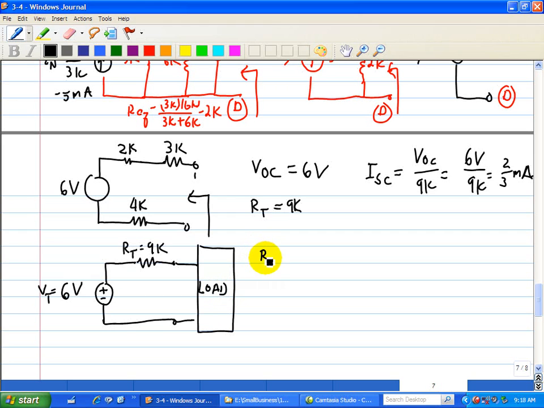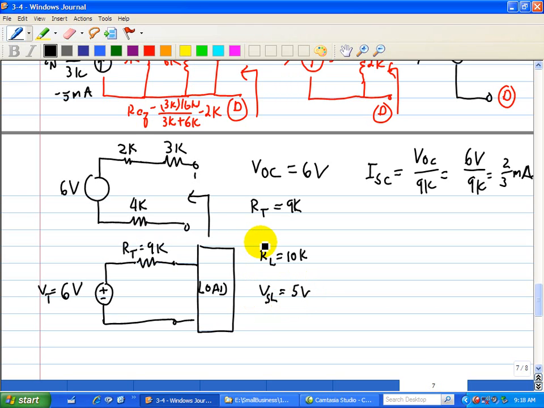So let's say RL is 10K, and we want to find the power delivered to this load. And then we'll try another load consisting of a 5 volt voltage source. And we want to find the power associated with that device.